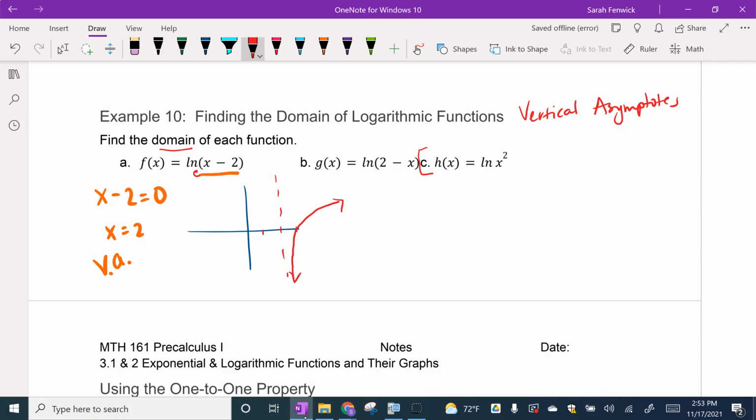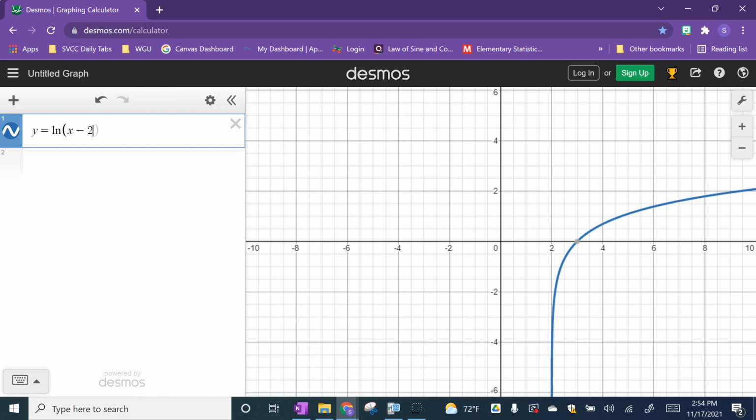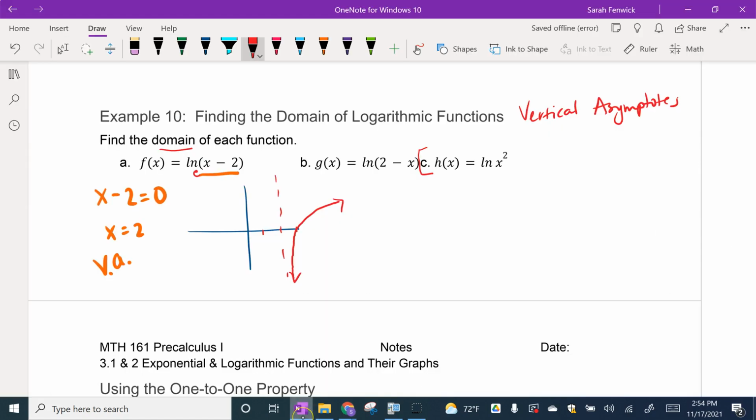All right, graph it just to double check. y equals ln of x minus 2. Moves it 2 places to the right, remember, because the 2 is inside with the x.